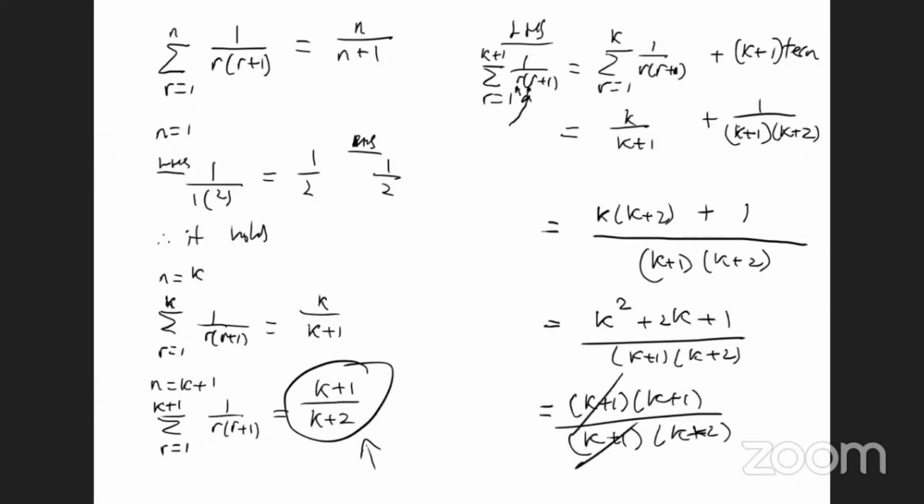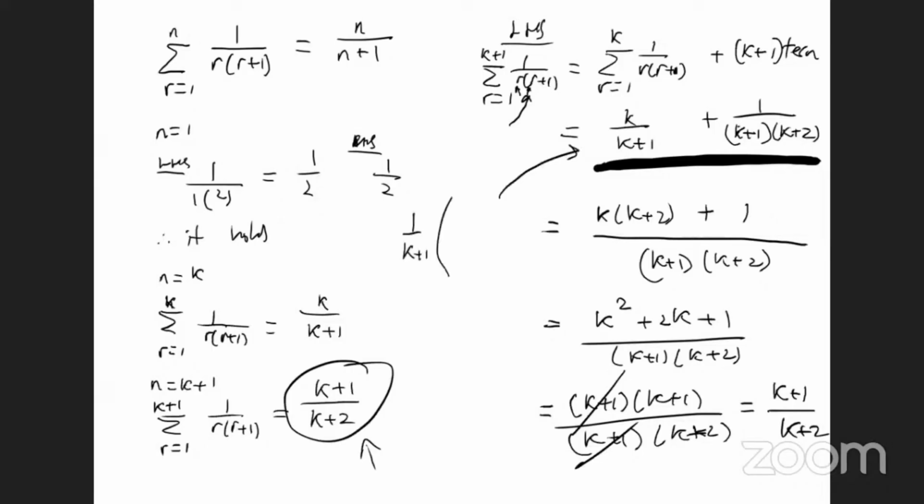This will cancel, and you'll get it. And again, what it boils down to is being able to simplify this. If somebody tried to factor out 1 on k plus 1, then you would have gotten k plus 1 on k plus 2. And then you have to find the LCM in here, and you'll end up with the same thing.